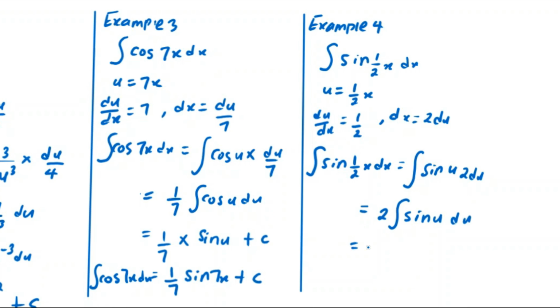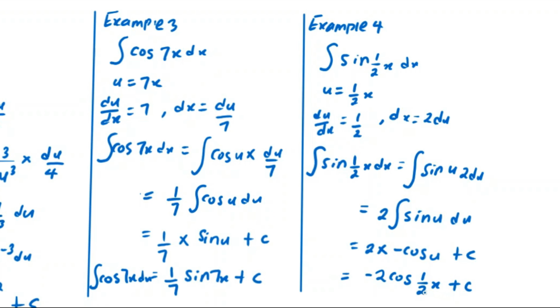If you integrate sine, you are going to get minus cos, plus arbitrary constant c. So 2 times minus cos gives us minus 2 cos of u, where u is 1 over 2 x, plus arbitrary constant c. And that will be the final answer to that question.